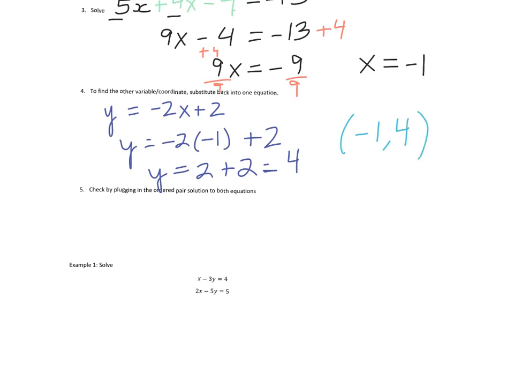All right, and then how we check is we're going to check by plugging in the ordered pair solution to both equations. Again, we already know it works for the top one. So we can try to see if it works for our second equation, 5x minus 2y equals negative 13.